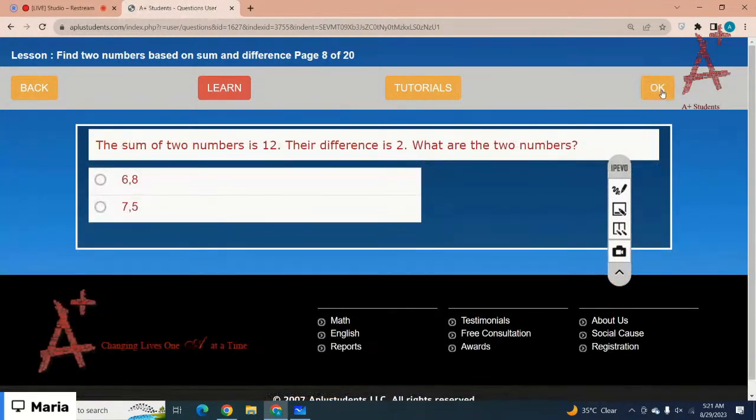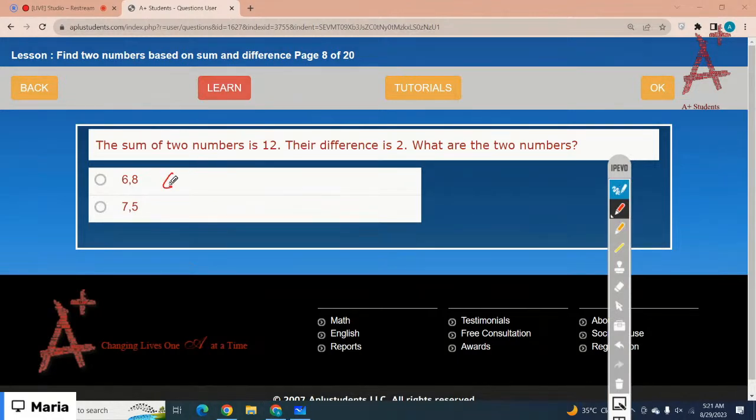Okay, the sum of two numbers is 12. Their difference is 2. What are the two numbers? Okay, sum is 12. Just add, right? Difference is 2 but their sum is not 14.